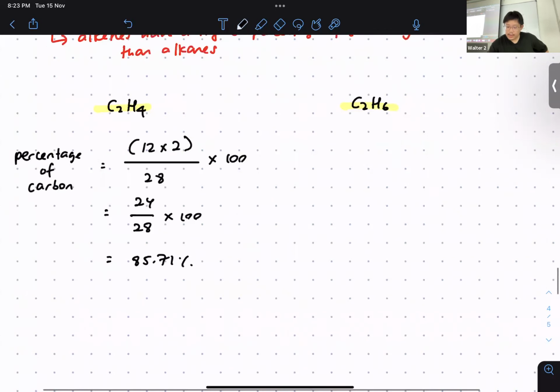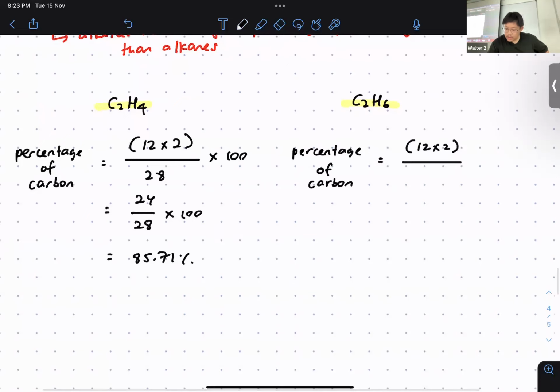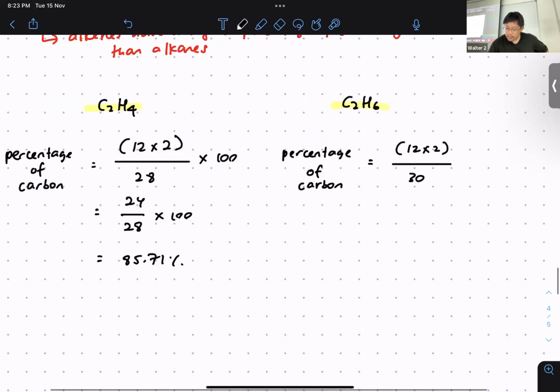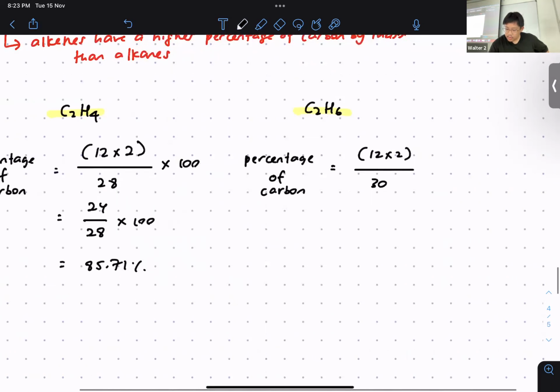And then for ethane, if we do the same thing, 12 times 2, but now the molar mass will be 30, times 100. So that will be 24 divided by 30 times 100.